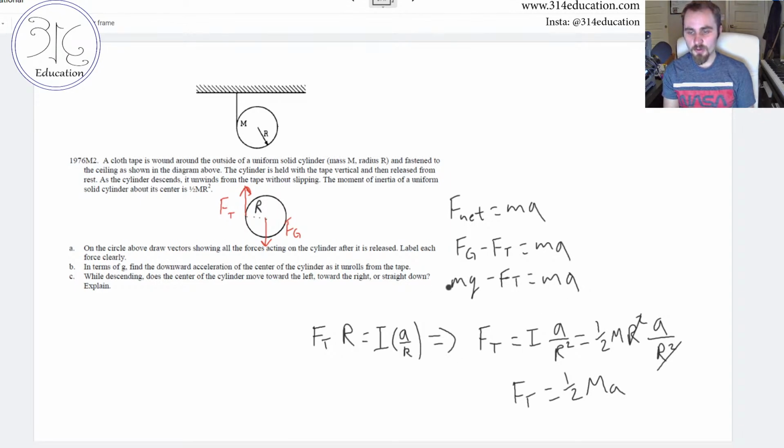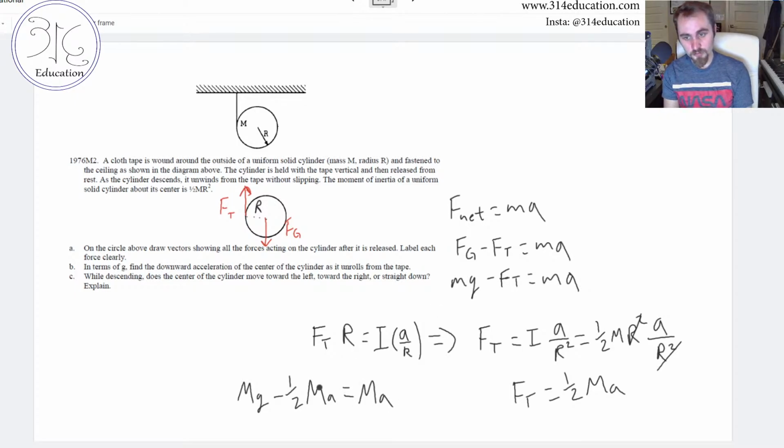And so now we can plug these in. I just realized I haven't been using capital M's, even though they want us to be using a capital M. Again, not a big deal on the actual test, but it's worth staying consistent, I suppose. So we get mg minus our Ft, which we just said was 1/2 ma, is equal to ma.